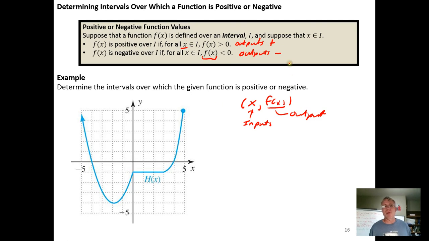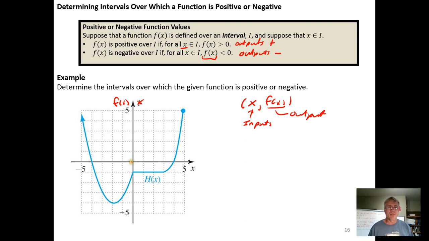And a key concept to remember is that 0 is neither positive nor negative. It is the number that separates the positive numbers from the negative numbers. So if I want to know when the outputs are positive, I'm referencing the y-axis, the vertical or output axis. We plot our outputs, our f of x's, on the vertical axis.